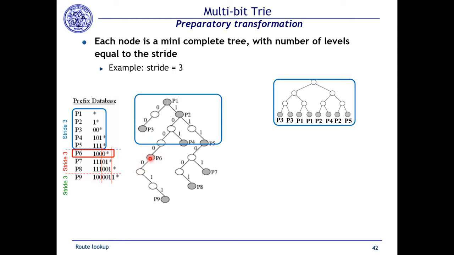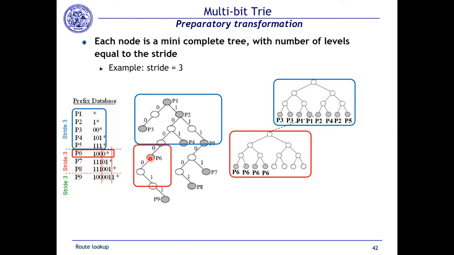In this case, the subtrie is P6 and two other white nodes, and it corresponds to the next stride, because you can see there are 3 bits: 0, 0, and 1. This must be mapped onto another complete binary trie of depth 3, equal to the stride. Here we have only one gray node, P6, which must be pushed down, so you have 4 replicas of P6 in the bottom position.